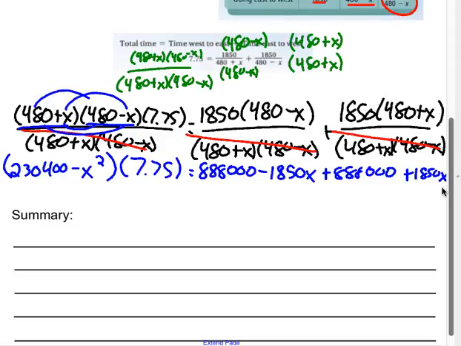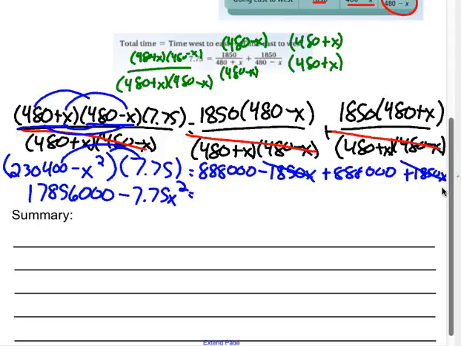All right, so now let's distribute in the 7.75. So let's take that 230,400 times 7.75. That's going to give us this very large number, minus 7.75x squared equals. Now, the really nice thing is, notice those are perfectly opposite, so they cancel.